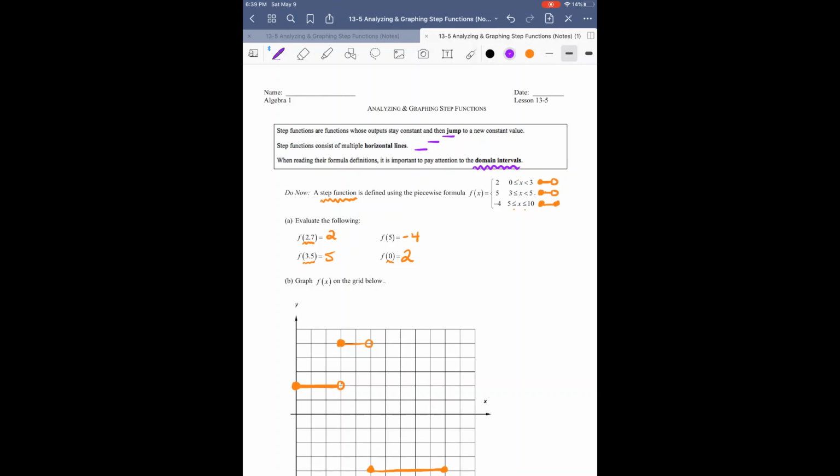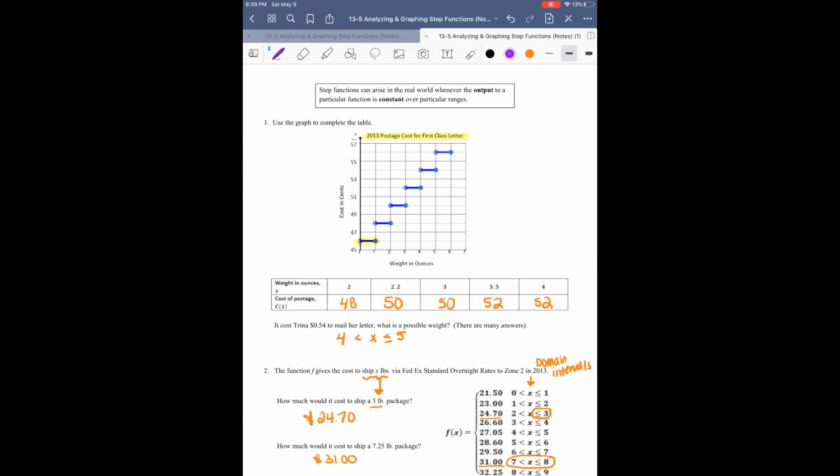So when you practice, you want to be really careful that you're paying attention to your domain intervals. Again, that tells you which X values your outputs are applied to. And you want to make sure that you're coloring in your circles for an or equal to, and that you're leaving them open if it cannot be equal to those values.